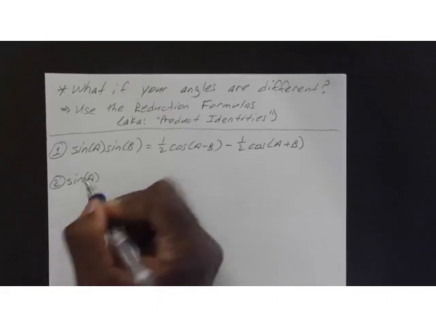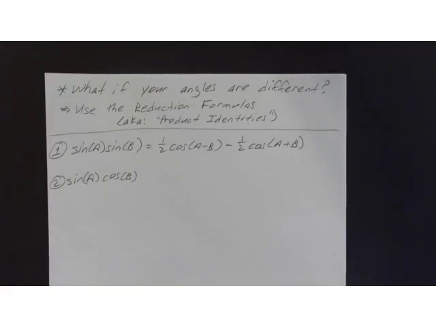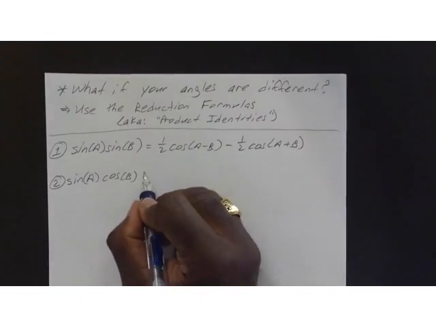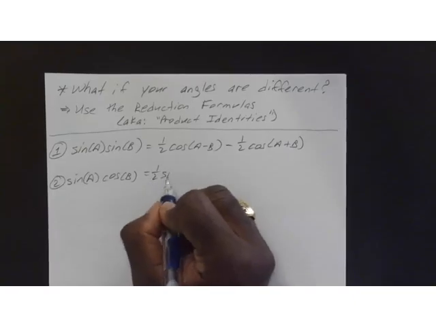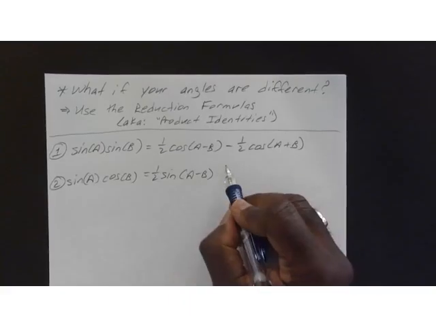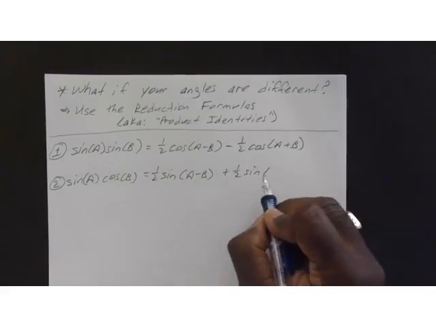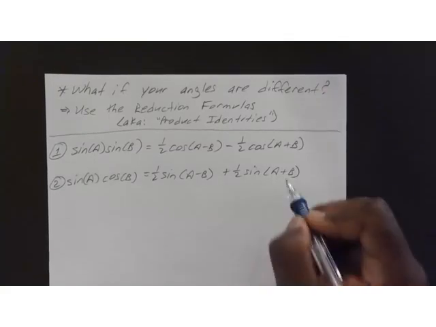You have sine of A times cosine of B. That's equal to 1/2 times sine of A minus B plus 1/2 sine of A plus B.